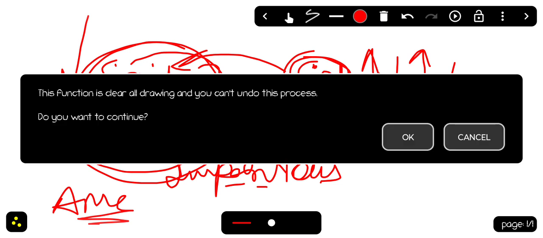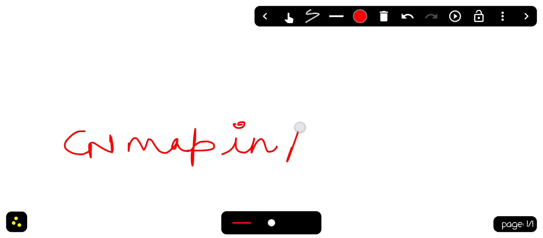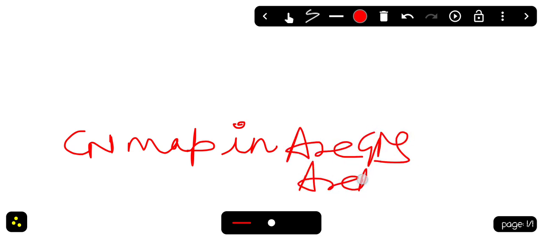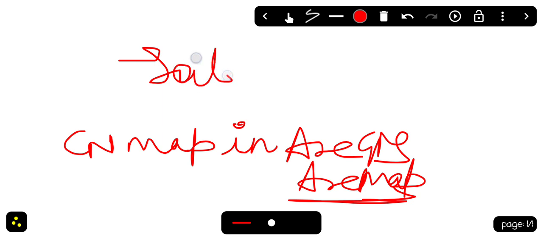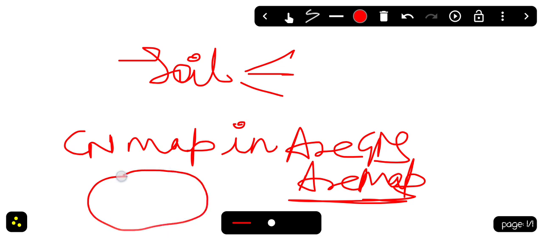So you can create a curve number map in ArcGIS, in ArcMap. In ArcMap you have to import the soil map of that area. If you have a study area, see what soils lie in this area.